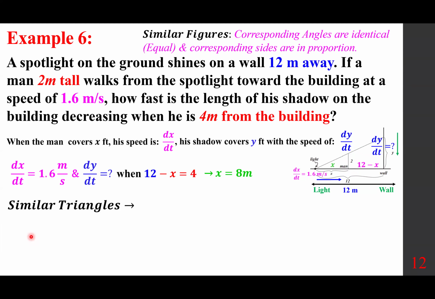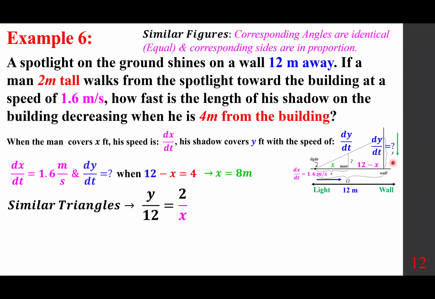You can say y, from the big one, over 12, and corresponding to y is 2. y and 2 are parallel. Do you see that? And x corresponds to this 12. x is from the smaller one, 12 is from the larger one. So we can write y over 12 is 2 over x.